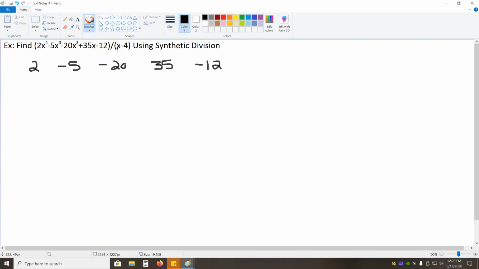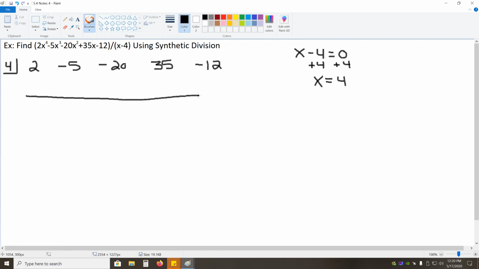We now want to take our divisor, x minus 4, and set it equal to 0 and solve for x. So we'll add 4 to each side, which gives us x equals 4. And that's going to be our value off to the left. We always want to put this little box symbol here to signify that it is separate from the other numbers. And now remember, we want to bring down the first number, 2, and multiply that by our 4, which gives us 8.